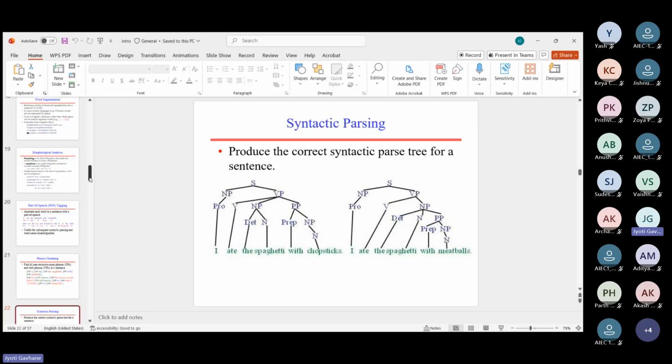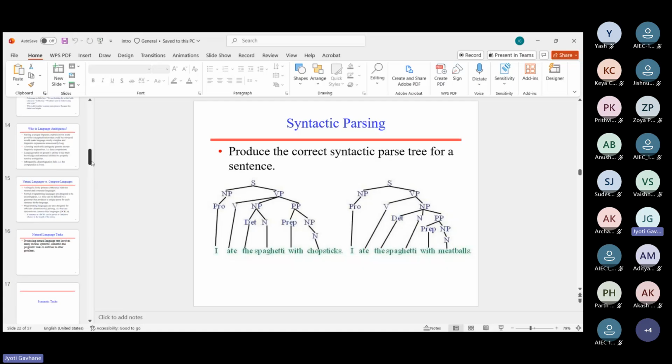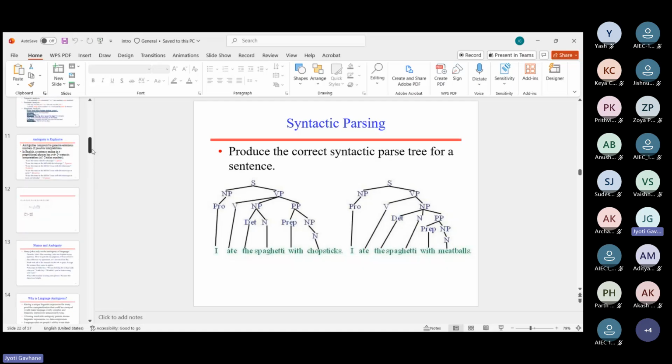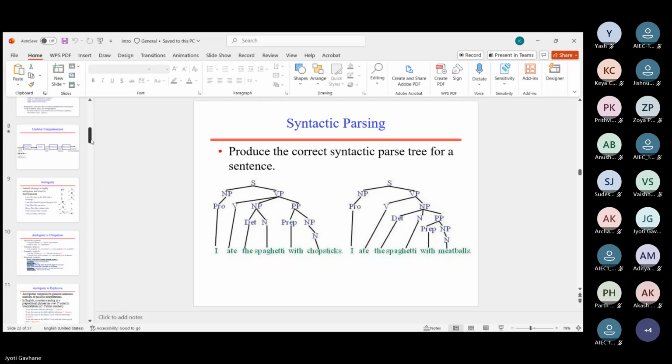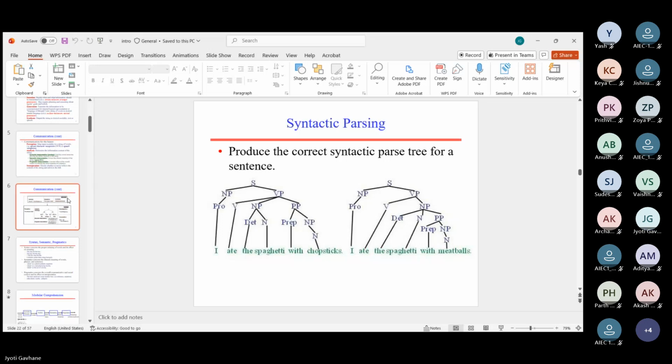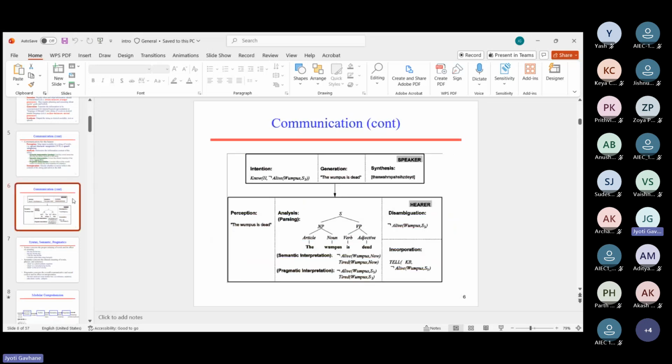So just let me show you the same diagram which we had discussed yesterday. You can see over here, whenever there is a speaker, he has some intention to talk. He has to generate the speech or the text, and last, he has to synthesize the speech.